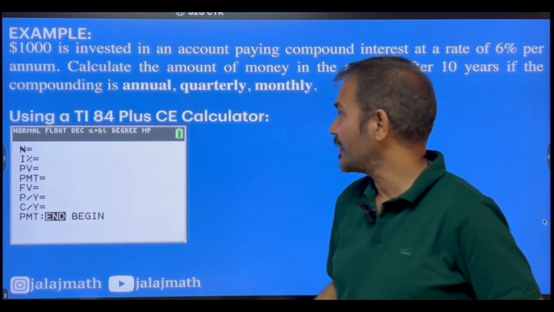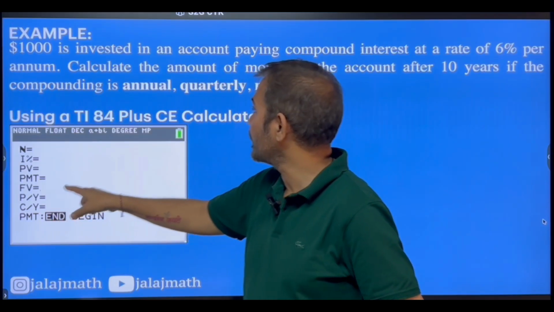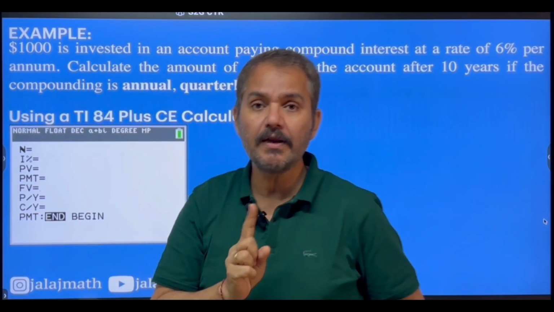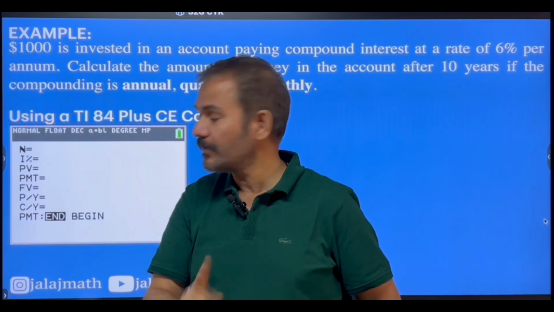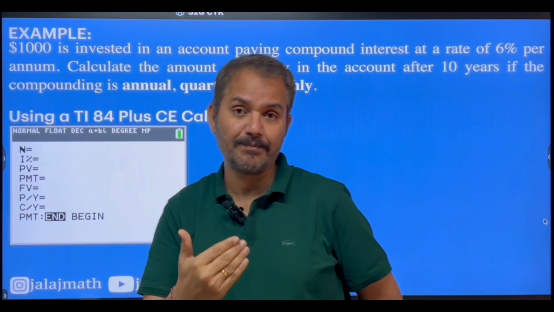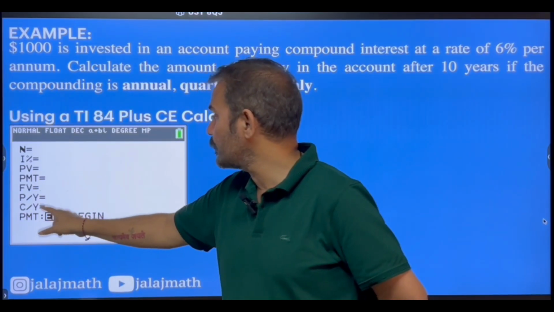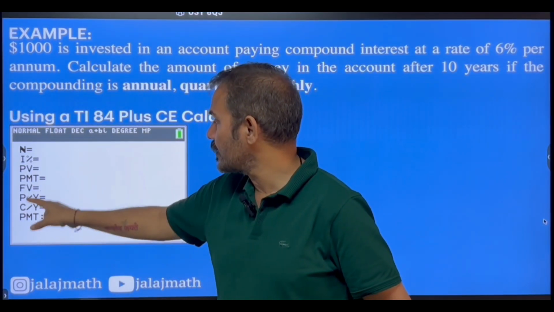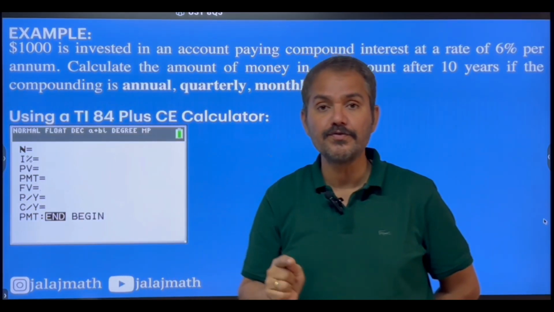P/Y and C/Y, this is very important. If it is annual, it means your money is accumulating once in a year, so C/Y will become 1. Keep P/Y and C/Y the same to start with. So when P/Y is 1, C/Y is also 1. Fill in all the values. Take your cursor to FV, that is future value.